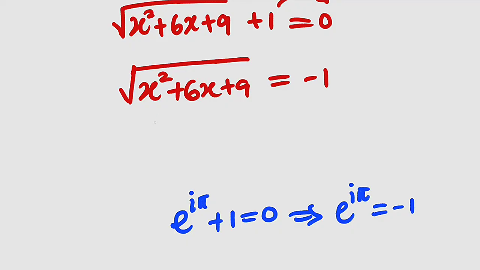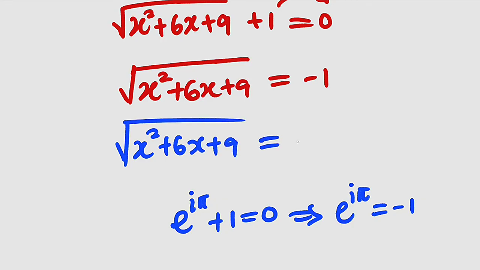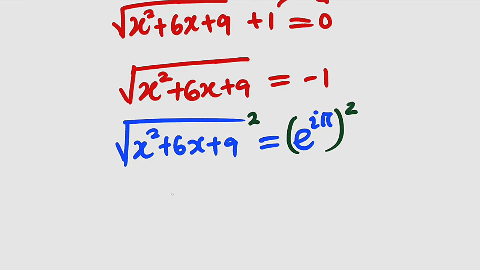The left hand side will remain the square root of x squared plus 6x plus 9, but the other side is now e to the i pi. So now we can square both sides in order to eliminate the square root on the left hand side. Square this and square this as well. The left hand side is just x squared plus 6x plus 9.